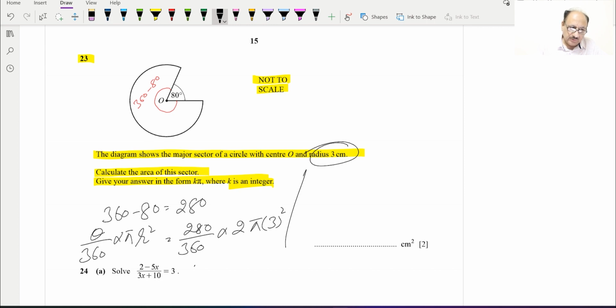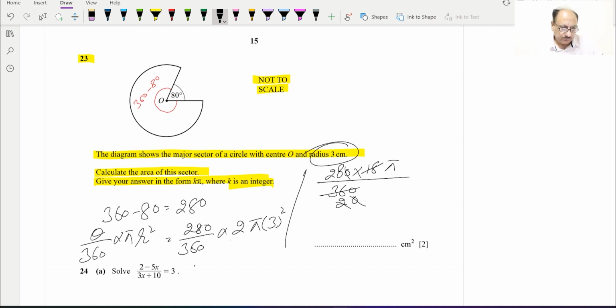It will be 280 into 9 over 360, and pi. Cancelling, 0 and 0 will be cancelled.